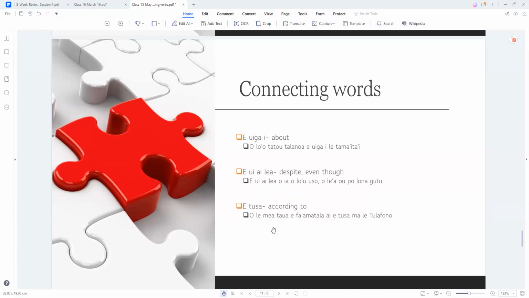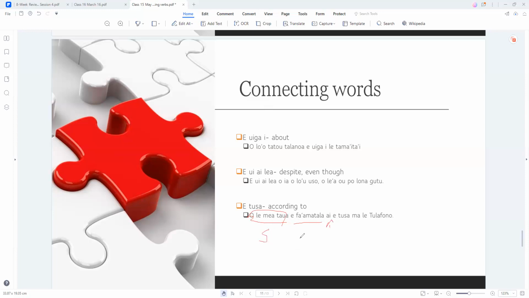So olemelea, oh, I'm sorry, olemetawa matalai etusa tulafono. So there's my pen. So the important thing is to explain. And then again, the I right here is because we started with our subject, and that's what we're going to talk about next.